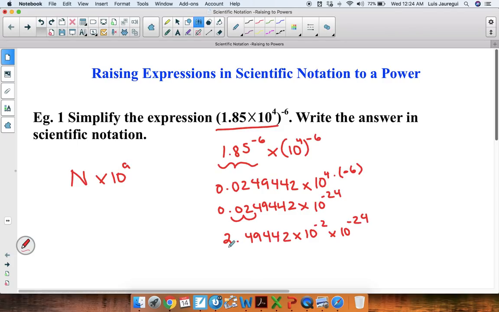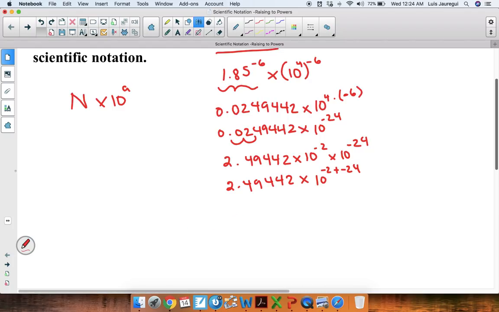Now, I'm going to keep this particular factor there, 2.49442 times 10. Since we're multiplying expressions with the same base, we keep the base and add the exponents. So negative 2 plus negative 24. So this now becomes 2.49442 times 10 to the negative 26.